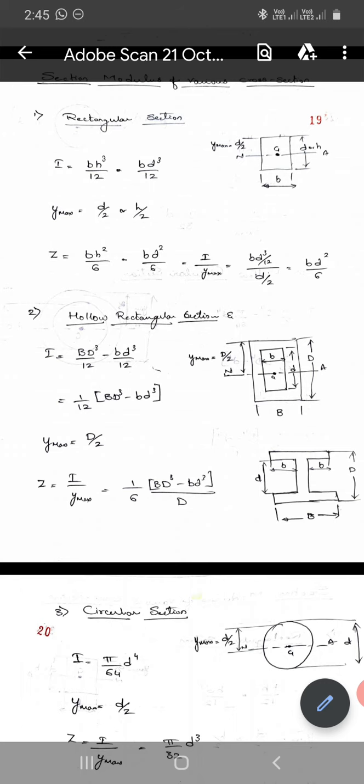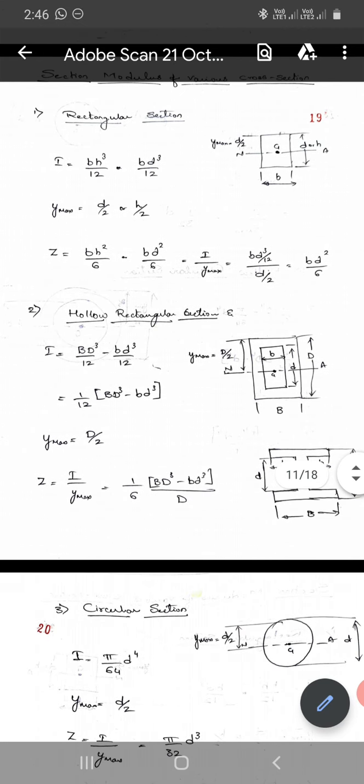Section modulus Z is I by y max. So I is 1 by 12 (BD cube minus bd cube), y max is D by 2. So 12 divided by 2, we get 6. So 1 by 6 (BD cube minus bd cube) by whole by D. So the same can be applied for a symmetric I section.